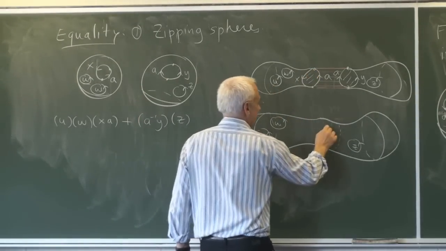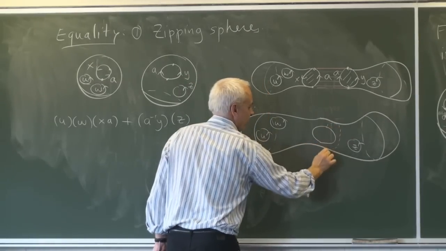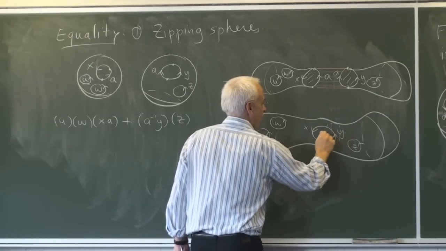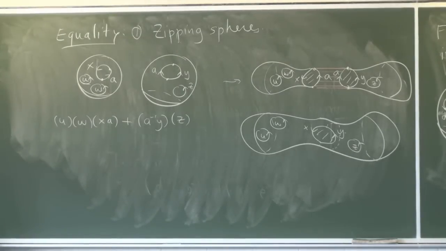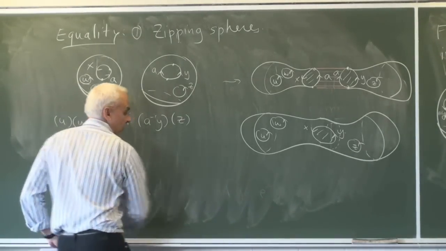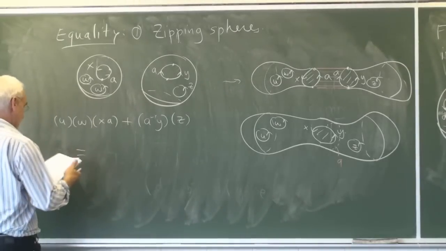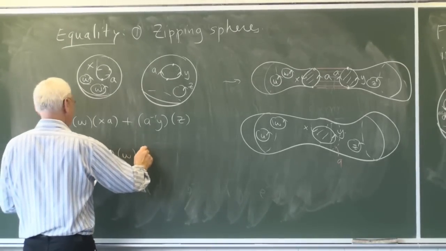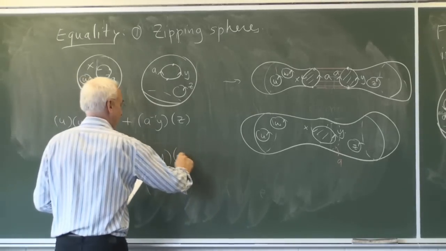And now this X and this Y piece are going to form a new hole. So the old A pieces are back here. And so now we can write this as a single sphere: U, W, X and Y together, and Z.